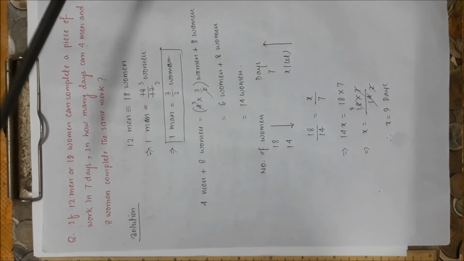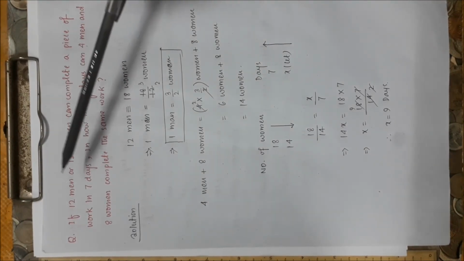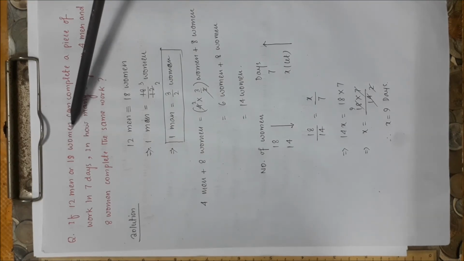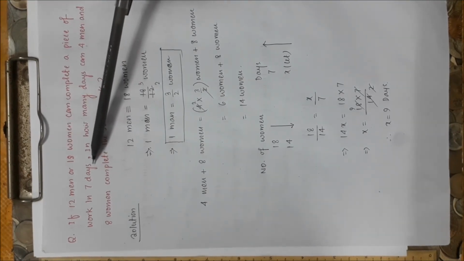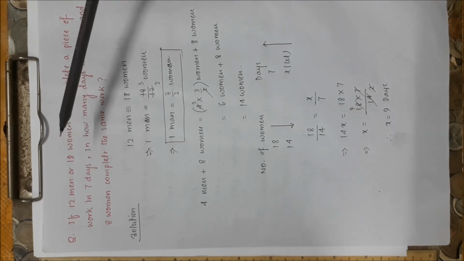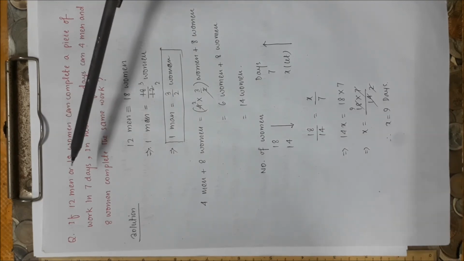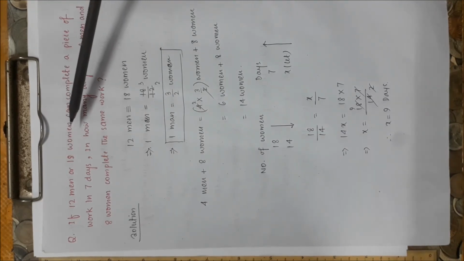That means either you can employ 12 men or you need to employ 18 women to complete a piece of work in 7 days. That means from here we need to find out the relationship between efficiency of a man with efficiency of a woman.